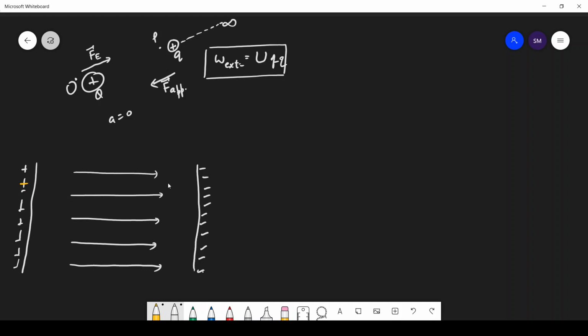But this is a uniform electric field, and that's the direction of electric field. Now I have a dipole. A dipole is equal and opposite charge, a pair of charges. So it's minus q and plus q. And the direction from minus q to plus q, that's the direction of dipole moment.